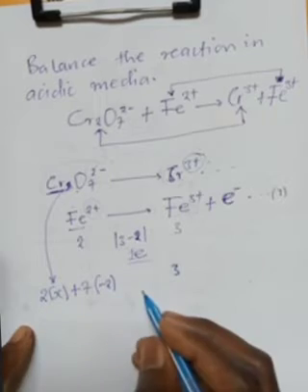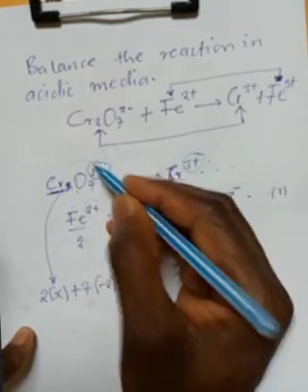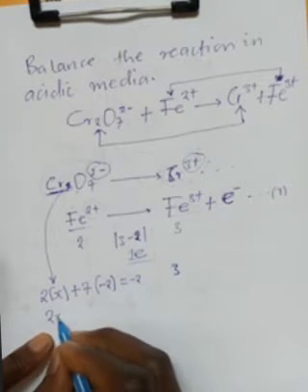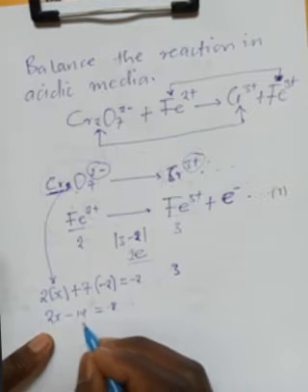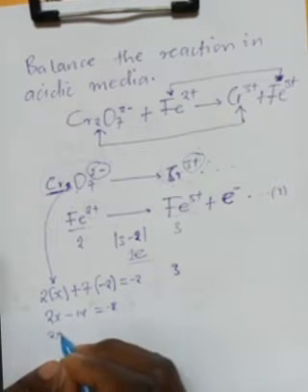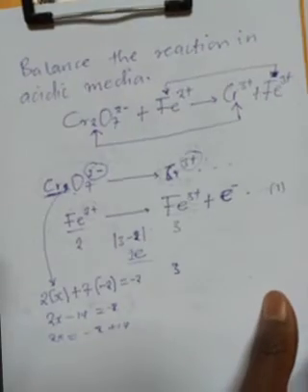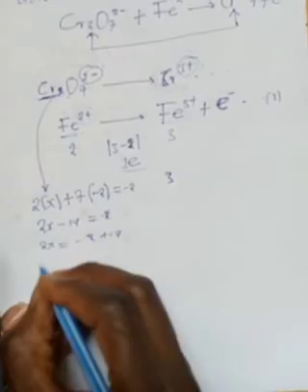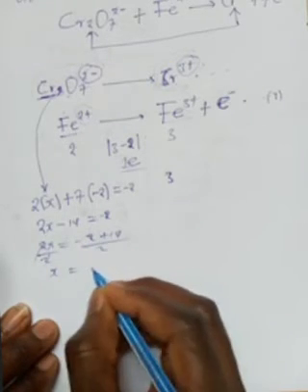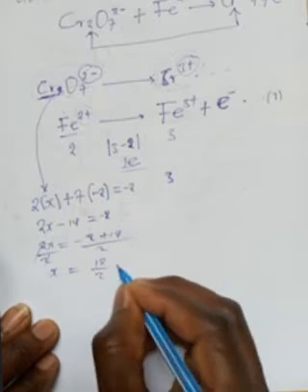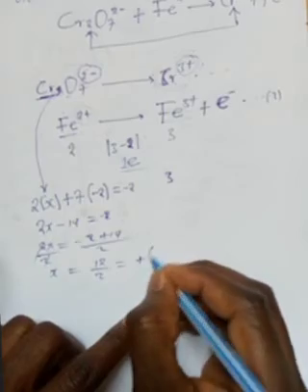We equate the whole lot to -2, which is that given charge. So we have 2x minus 14 equal to -2. If you take this to the other side, we have 2x equal to -2 plus 14. Divide by 2 on both sides. x is equal to 12 over 2. The oxidation number for chromium in the compound is +6.